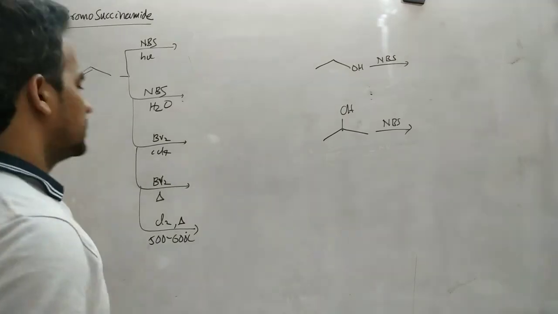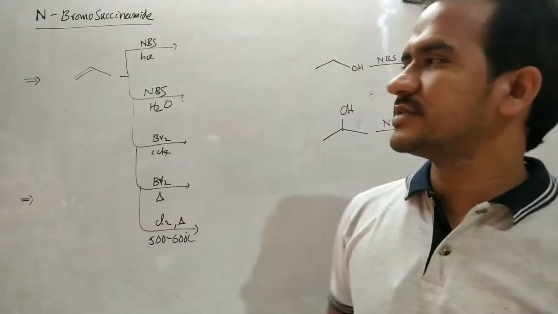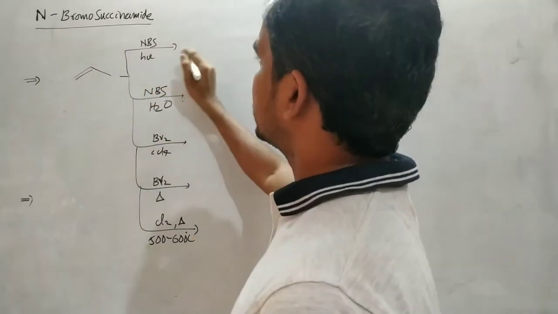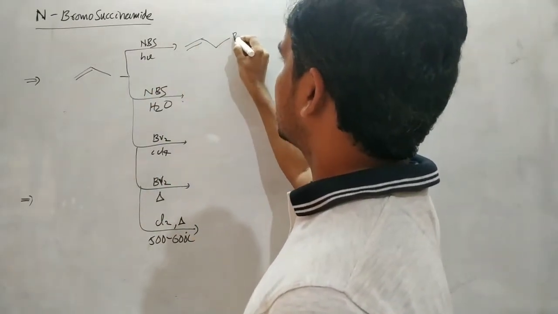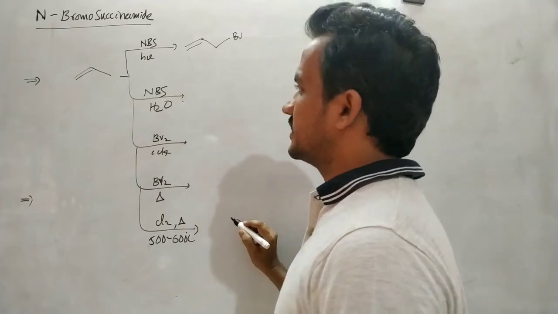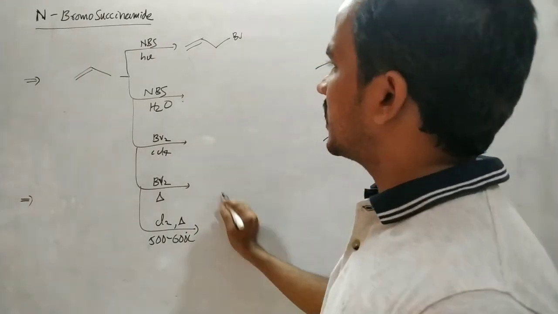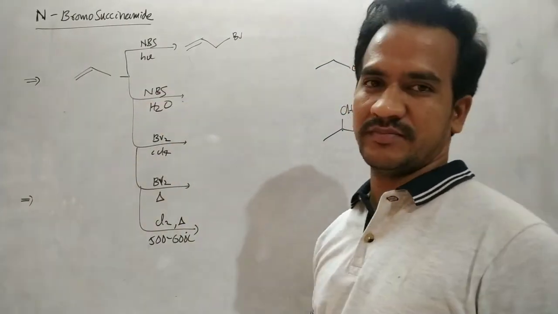And finally, here you can see propene on reaction with NBS and light. You know that is allylic substitution. Here in this case, NBS with H2O.